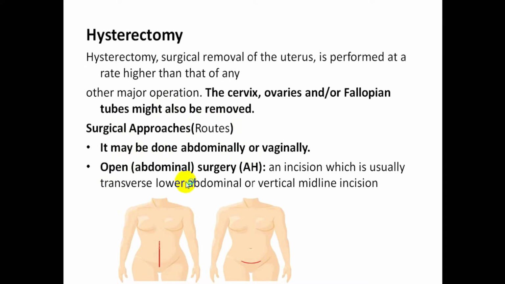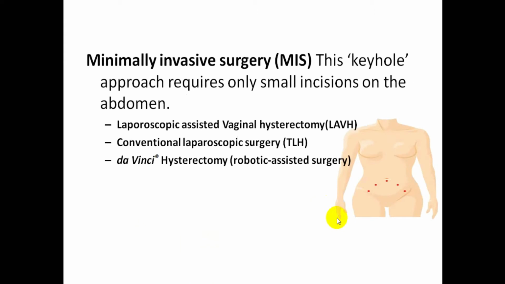An incision is used, usually a transverse lower abdominal or a vertical midline incision, either like a cesarean section or midline, according to the pathology associated with the uterus. If the uterus has multiple uterine fibroids and is big in size, or there is adhesion, it needs an upper midline incision.